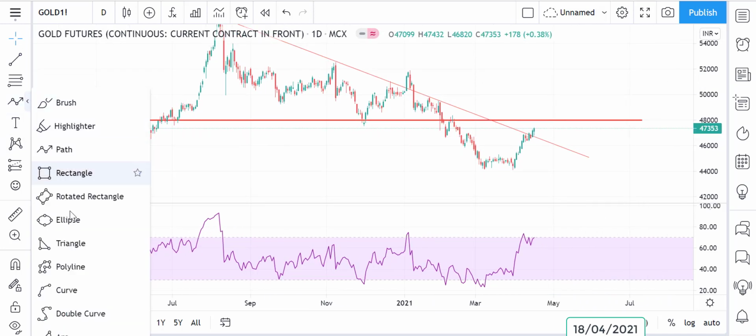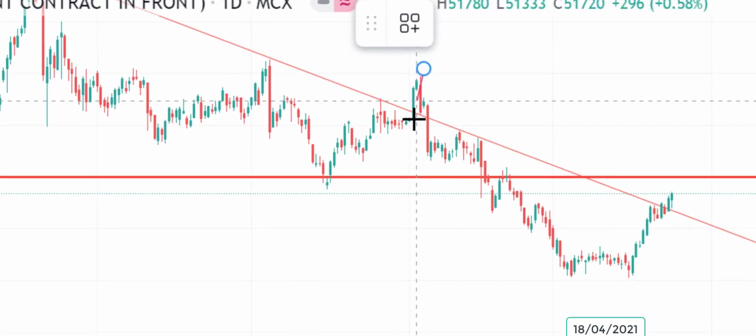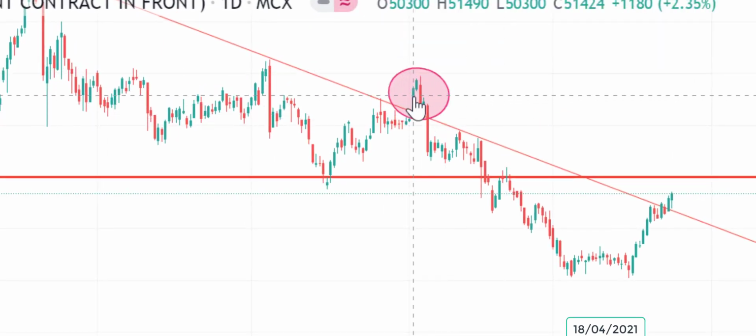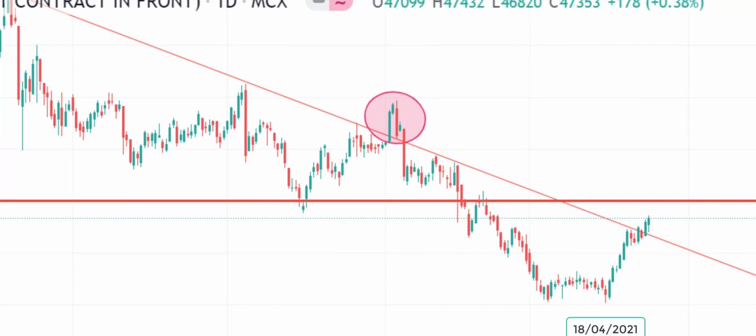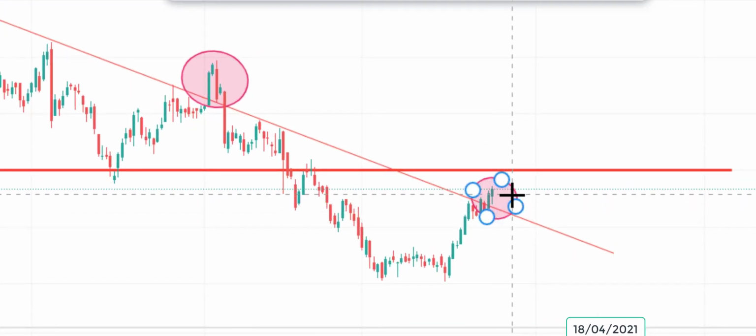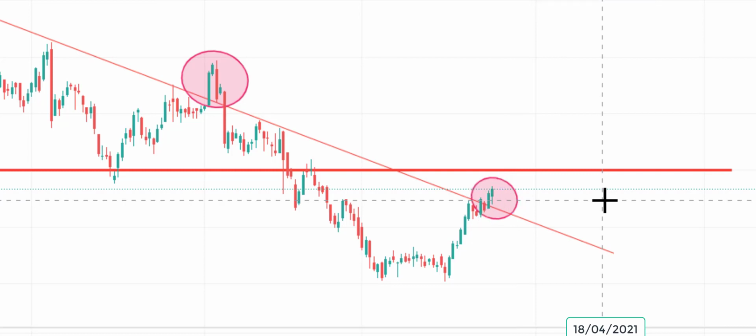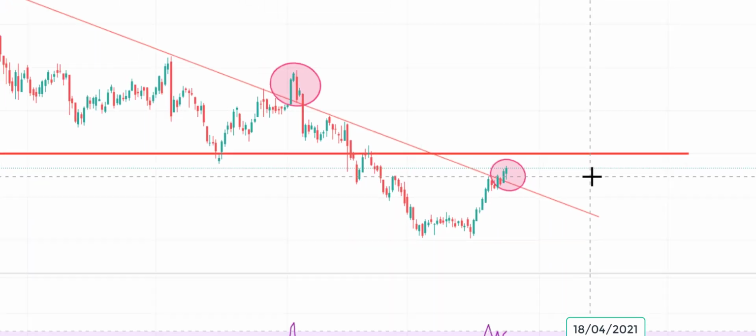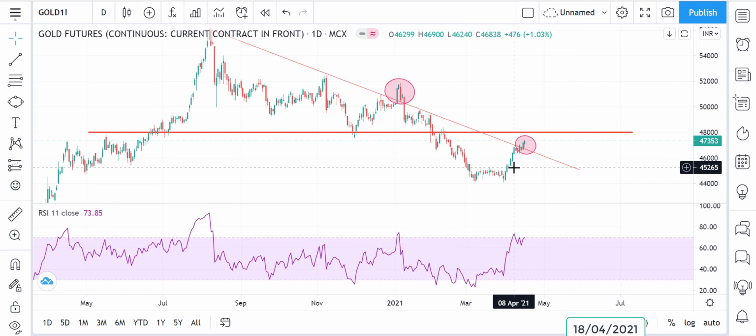Here what I would say was a fake breakout. Now again you can see a breakout out here. So let's wait for additional confirmation to make sure whether this is a successful breakout or not. For me, sustaining here for another 1 or 2 weeks will be the first sign of a successful breakout.